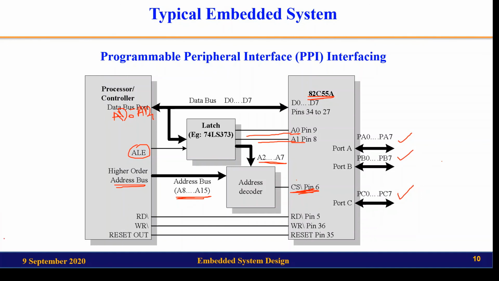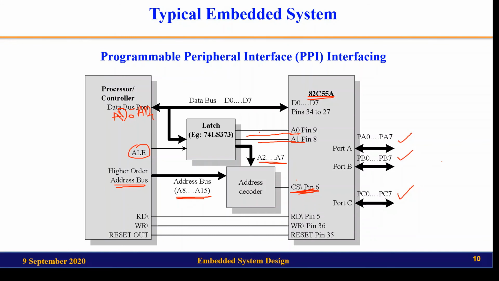By this you will have three ports available, port A, PA0 to PA7, port B, PB0 to PB7, and port C, PC0 to PC7. And this chip select is connected with the address lines provided by the microprocessor or microcontroller.